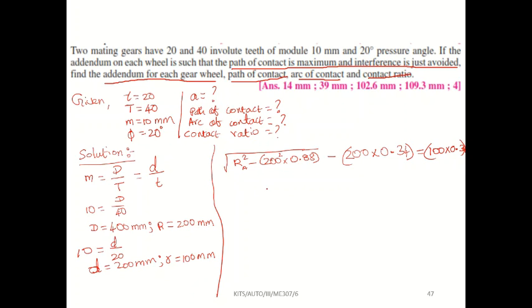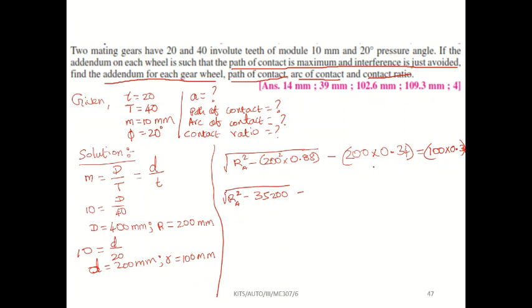So 200 square into 0.88. 200 square into 0.88 is 35200. So this value is 35200 minus 200 into 0.34.